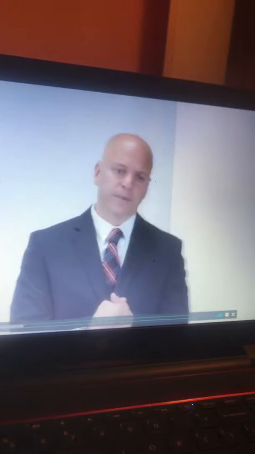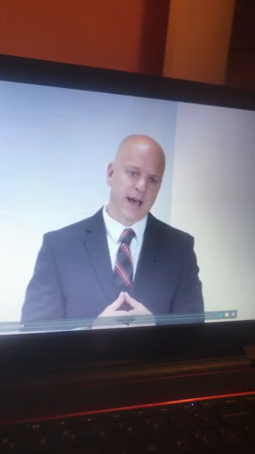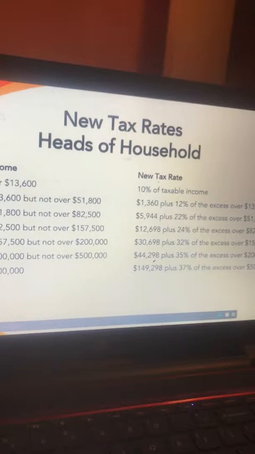And again, these brackets are a little different. Where it says not over $13,600, it's a 10% tax rate. If it's over $13,600, it's a 12% tax rate. Over $51,800, it's 22%. Over $82,500, it's 24%.